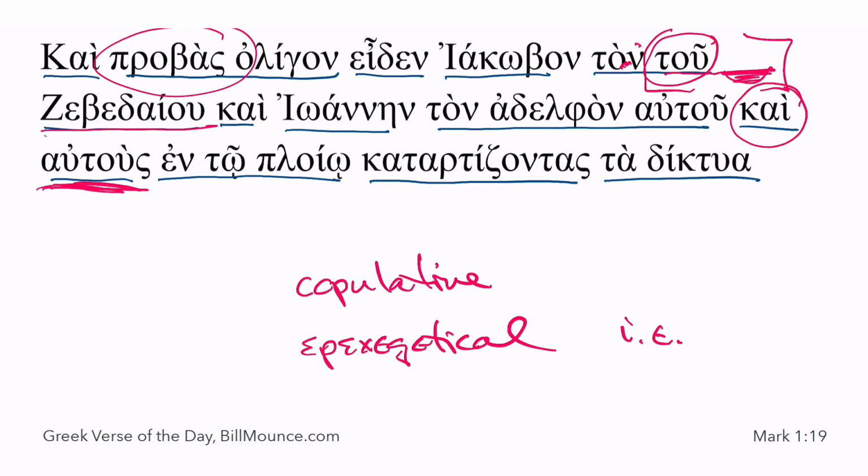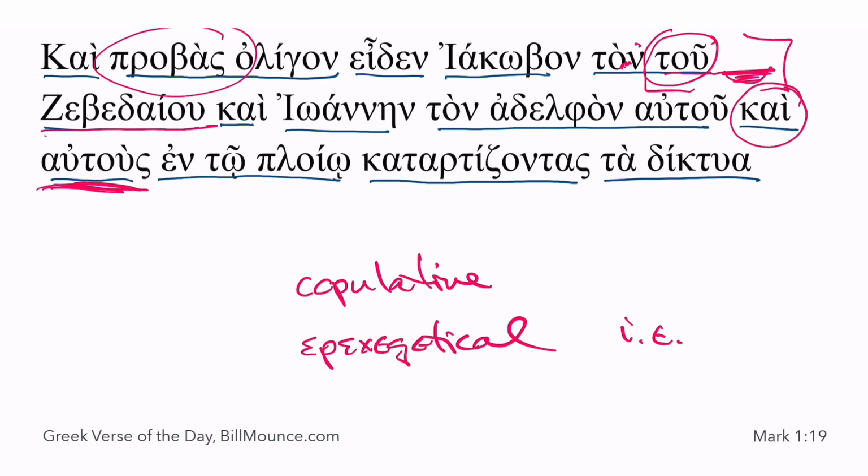So the question is, is the autous a third group, or is the kai epexegetical and it's saying that is, they are in the boat? Now, the thing that's interesting about this is that when you get to the next verse, Mark writes, and immediately he called them, and leaving their father Zebedee, so forth and so on. In other words, there's an autous in verse 20 that clearly refers only to James and John.